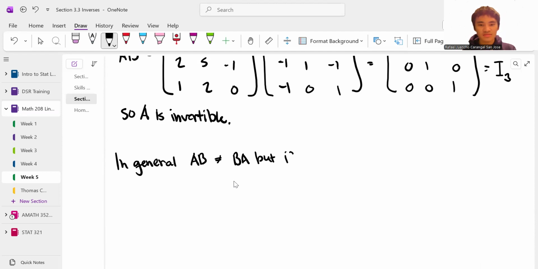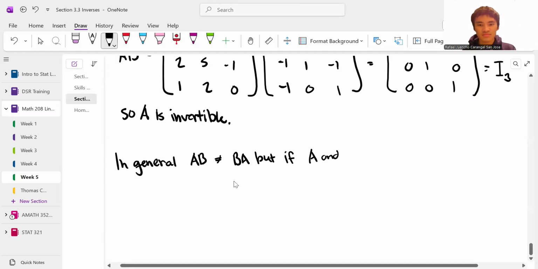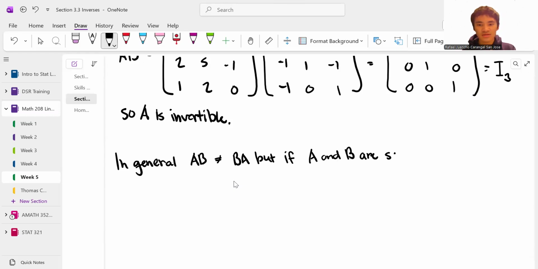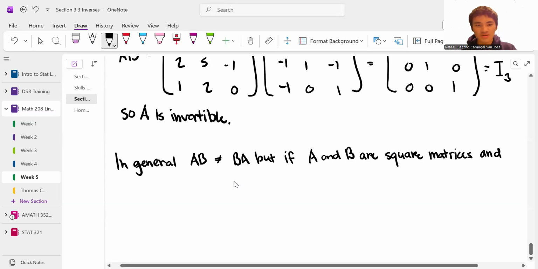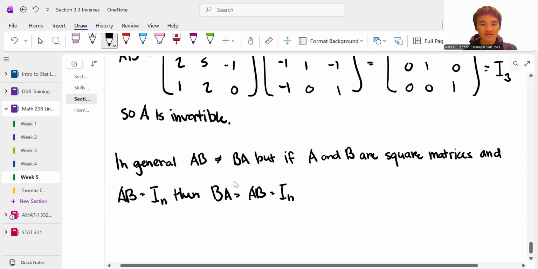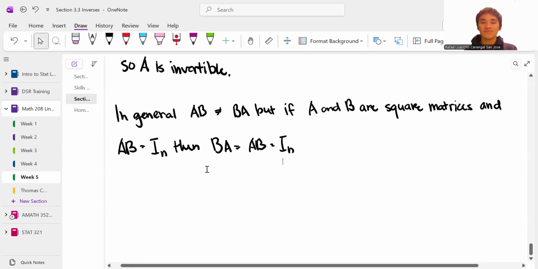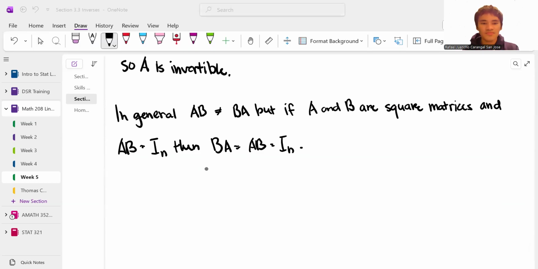But if A and B are square, we say they are square matrices, and their product AB is just the identity I sub n, then BA is equal to AB is equal to I sub n. Those three tend to be the same things. Okay. Let's go through another theorem here.